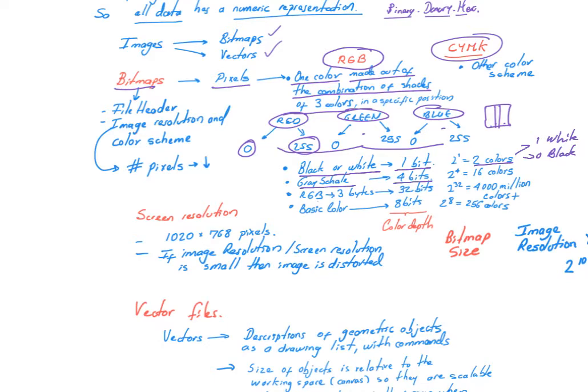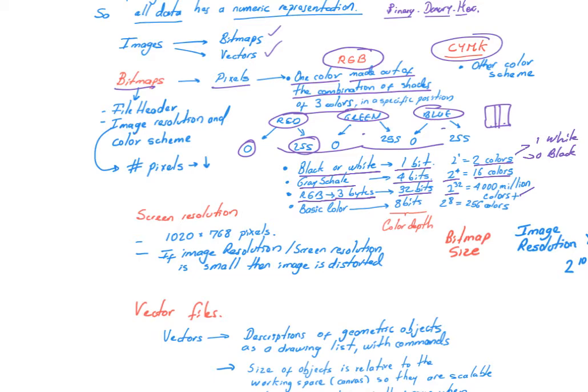We're using 4 bits. In that case, we would have 2 to the power of 4 options, so we would have 16 colors. RGB uses 3 bytes. That means 24 bits. That means 2 to the power of 24, which is more than 16 million colors.